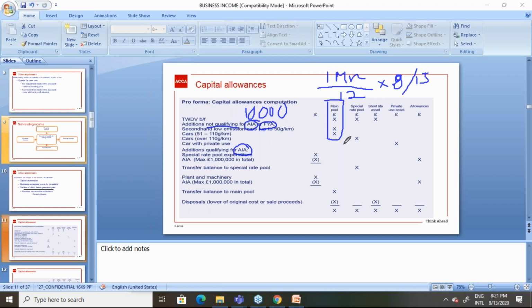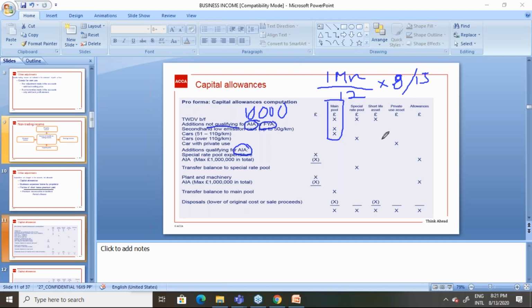In addition to that, long life assets. What are long life assets? They are assets with a lifespan exceeding 25 years and with a cost exceeding £100,000. We call them long life assets. They are included in the special rate pool.